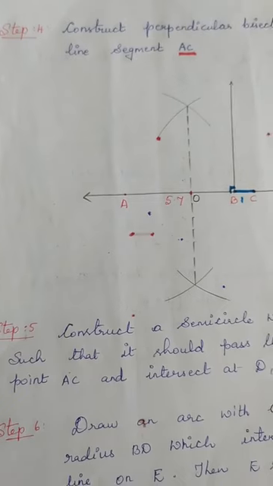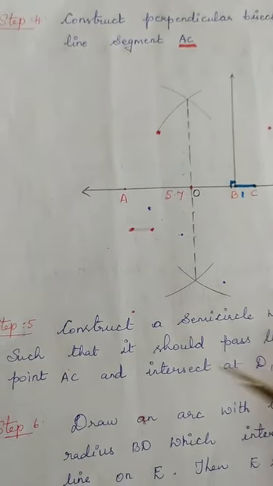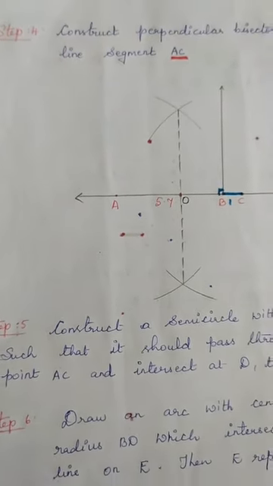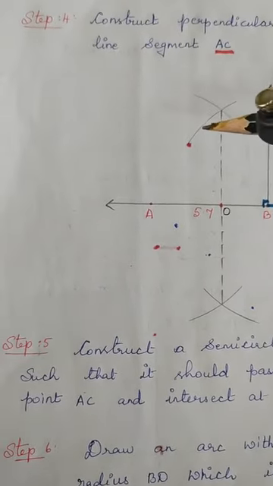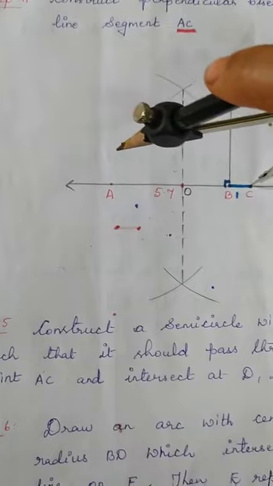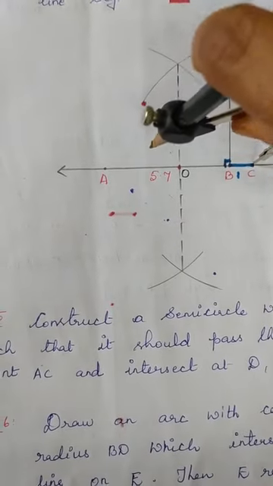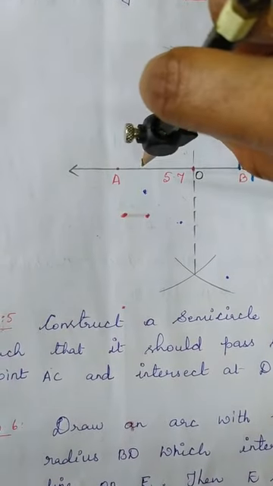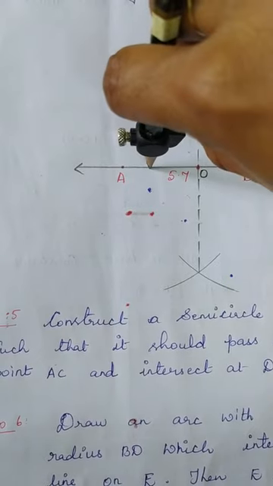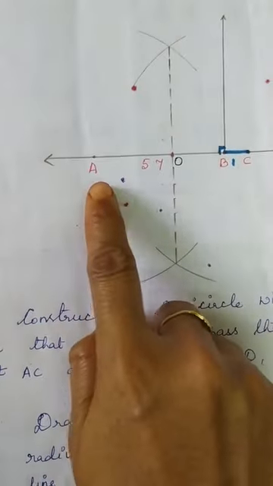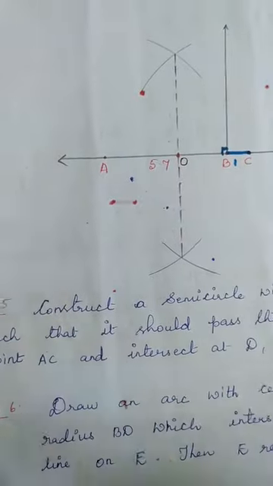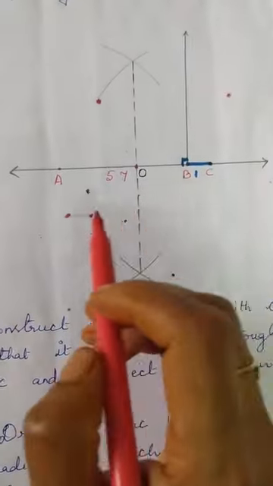For the line segment A to C, you have to take more than half of the line segment between A to C, children. This is A, this is C.